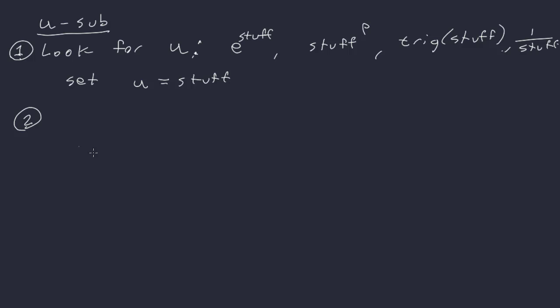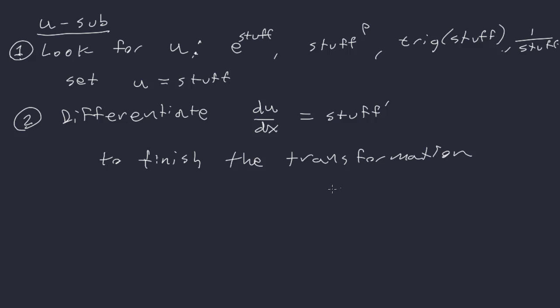Then we differentiate. Find du dx, which would be stuff prime, to finish the transformation. And then we transform from x into u.